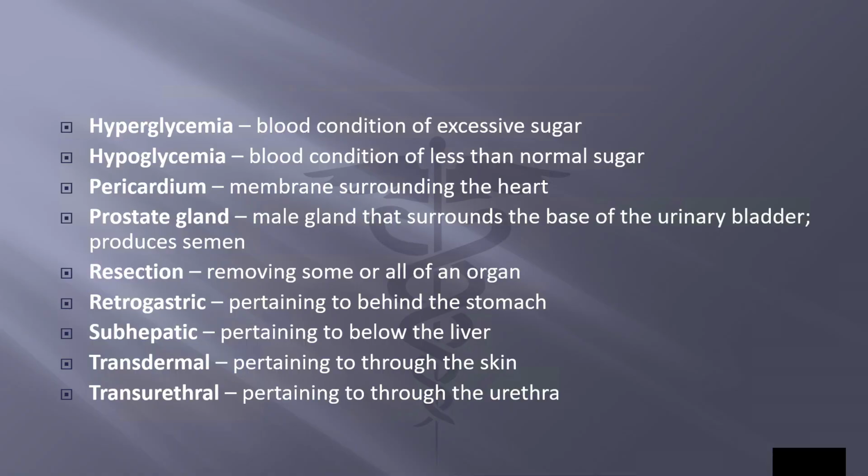Oh, and I forgot our little side note for hyperglycemia down at the bottom of page 20. So hyperglycemia and diabetes. People with hyperglycemia lack insulin, this is type 1 diabetes, or have ineffective insulin, which is type 2 diabetes. Insulin is a hormone normally released by the pancreas, an endocrine gland near the stomach.